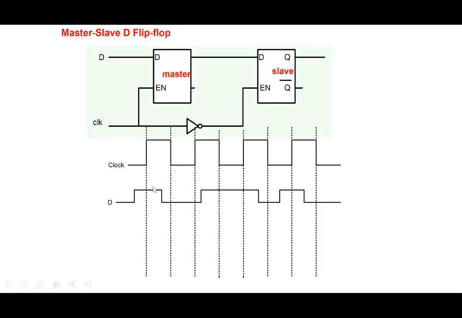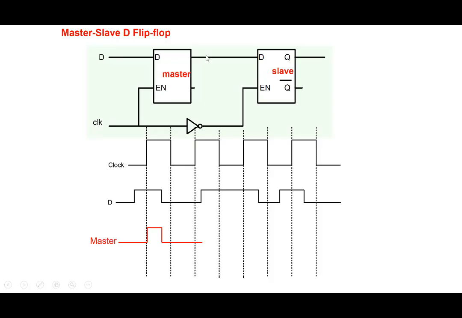So if D goes like this, note that D is high here, so the master output would be high here, but then D goes low here, so the output will go low here. But the moment the clock goes low, whatever was the value of D just before this negative edge, that's the value that is the output of the master.